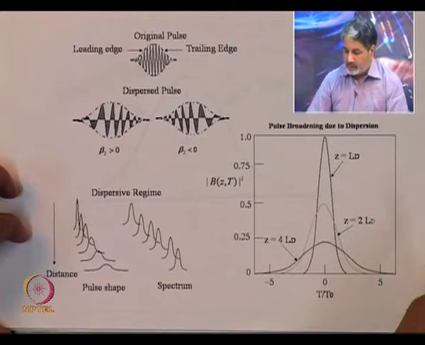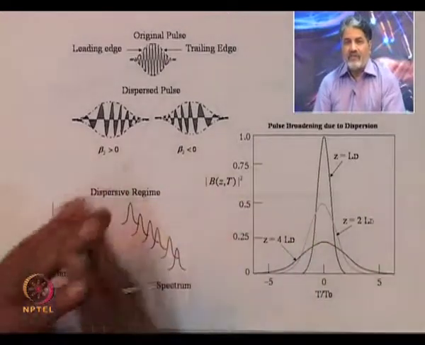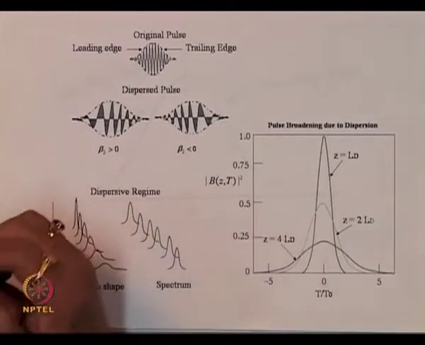Let us summarize: what is the effect of group velocity dispersion? The group velocity dispersion modifies the pulse shape in the time domain. The amplitude spectrum of the pulse remains intact. What however is modified is the phase of different frequency components in the spectrum.